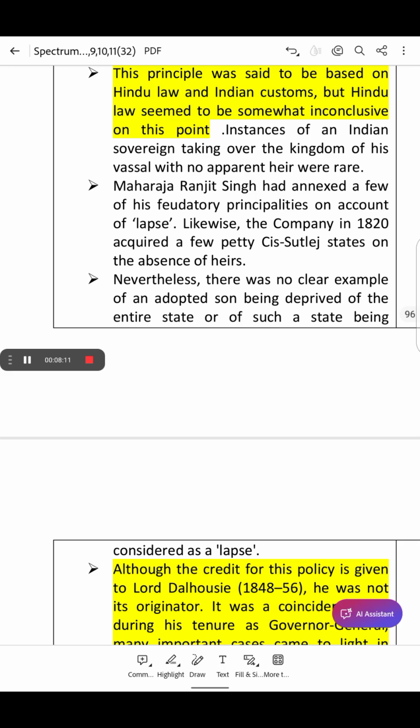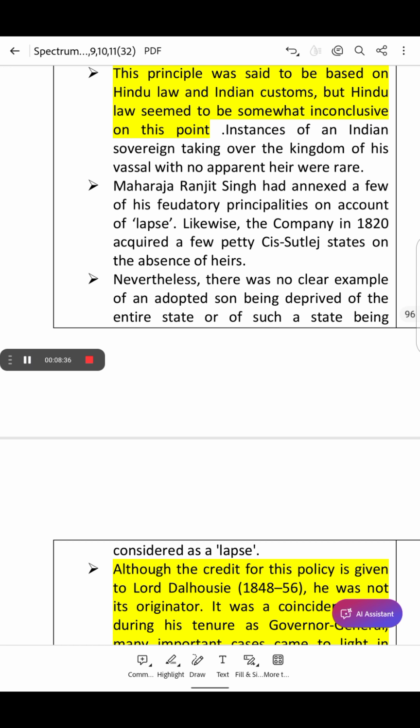So, the Doctrine of Lapse was a policy used by the British East India Company to take control over Indian states. It stated that if a ruler died without having a biological son, his adopted son could inherit personal property but not the kingdom.